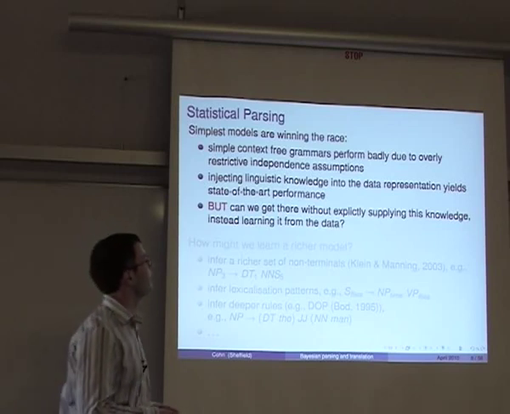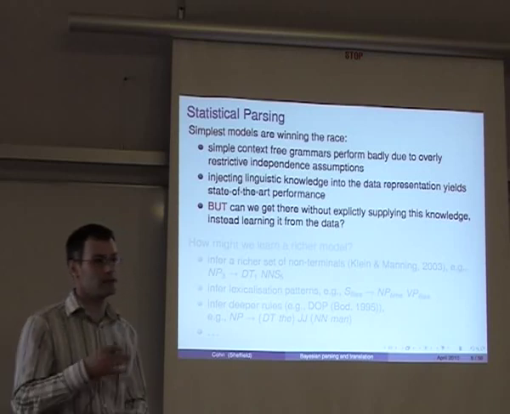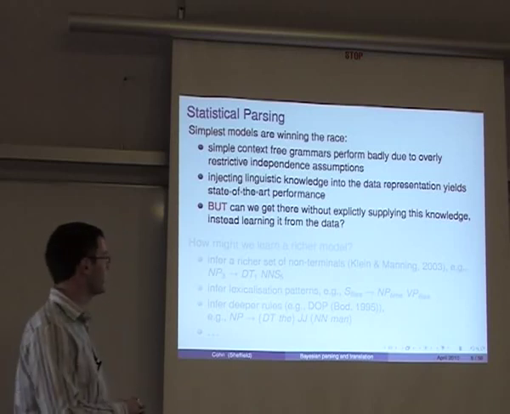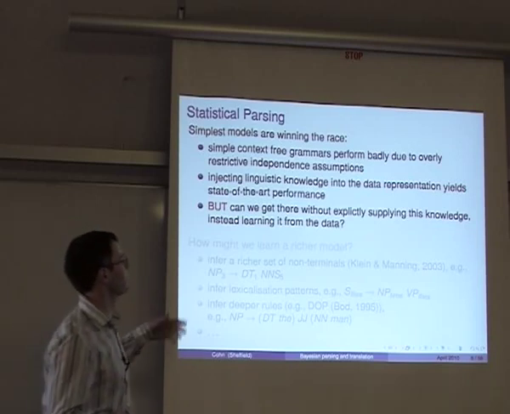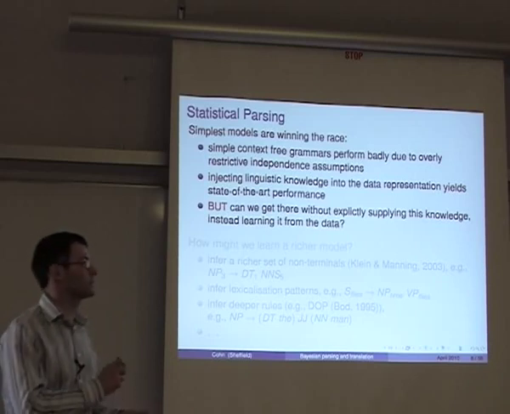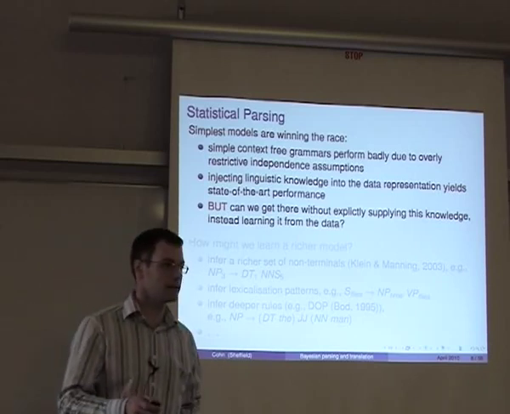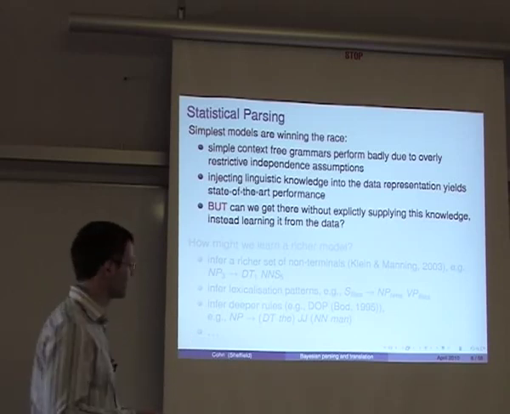To get state-of-the-art performance, you have to do a lot of injection of dependencies, clever smoothing, and a whole lot of other transforms using linguistic knowledge of the language. But can we get there without actually specifying this knowledge? Can we learn it from the data? Is it actually inherent in the treebank such that we can infer it?